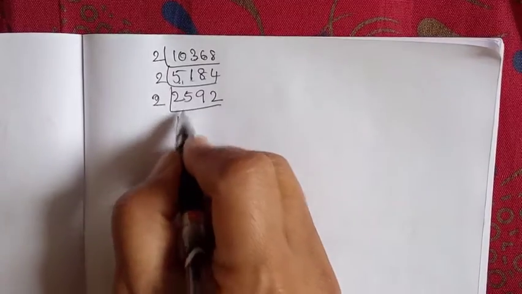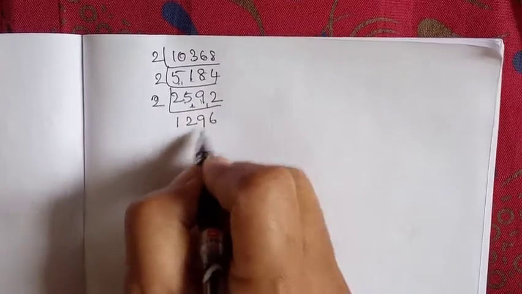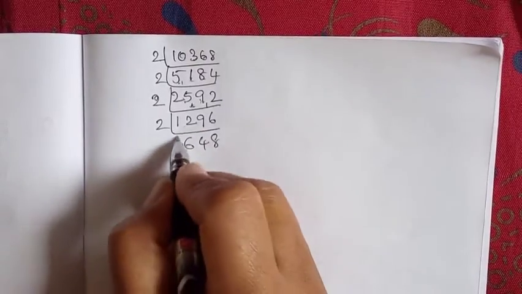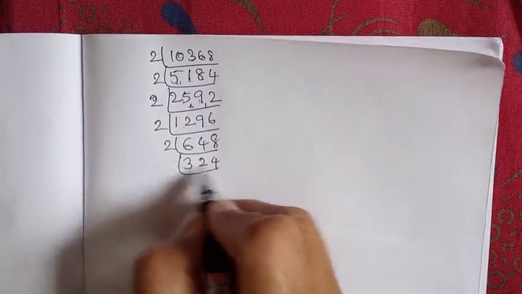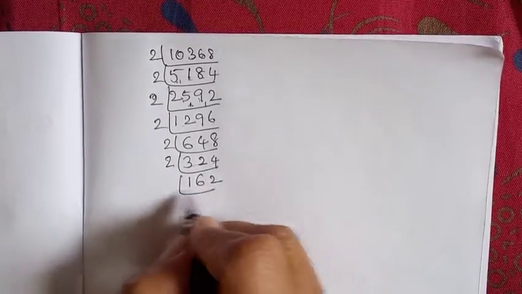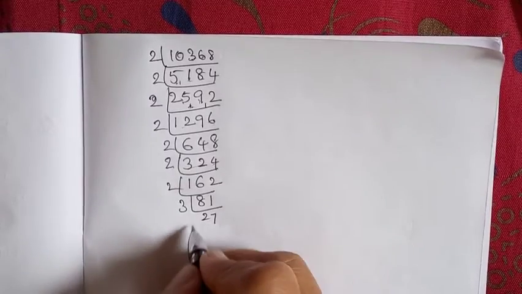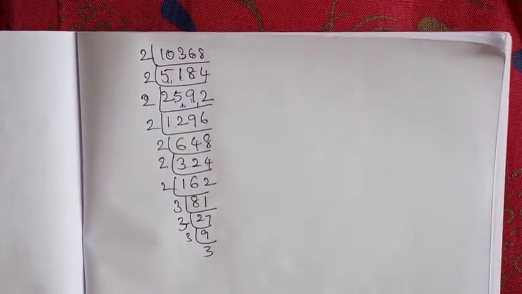Again 2 ones are 2, 2 nines are 18, 2 sixes are 12, 2 fours are 8. Again 2 sixes are 12, 2 ones are 2, 2 twos are 4. Next 2 eights are 16, 2 ones are 2. Next 3 twenty-sevens, next 3 nines, next 3 threes. So now this is solution number 4.